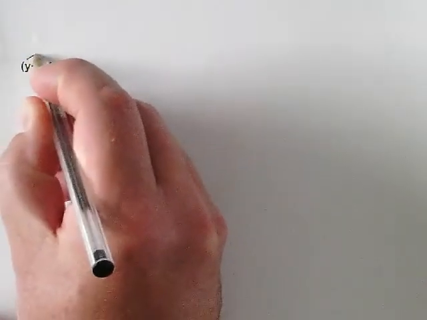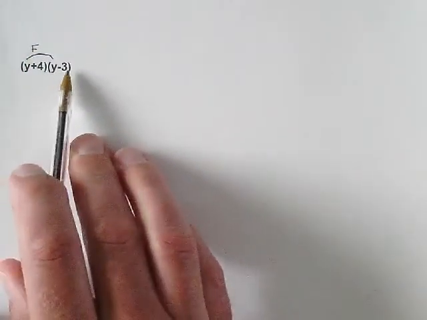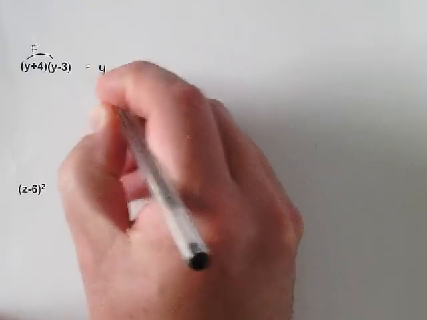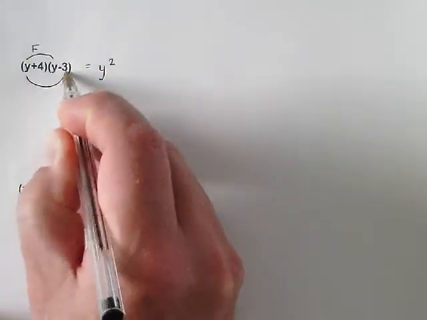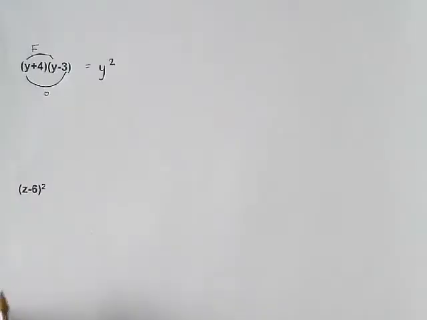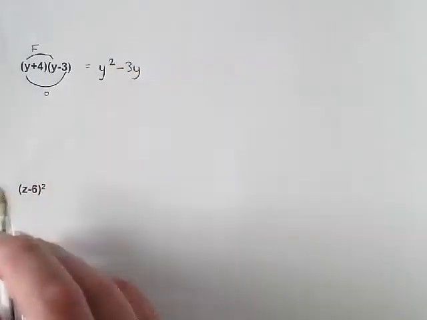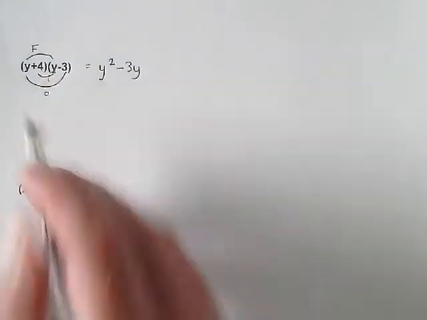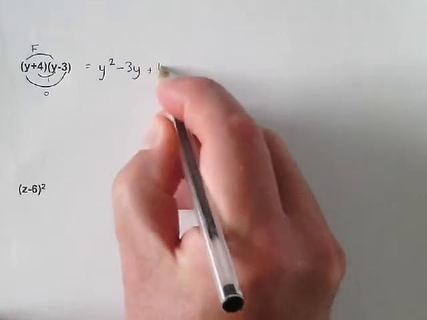So our first pair, the y times y. So that is going to give me y squared. The outer pair, the bottom little line there, y times minus 3 is minus 3y. The inner pair, plus 4 times y is plus 4y.